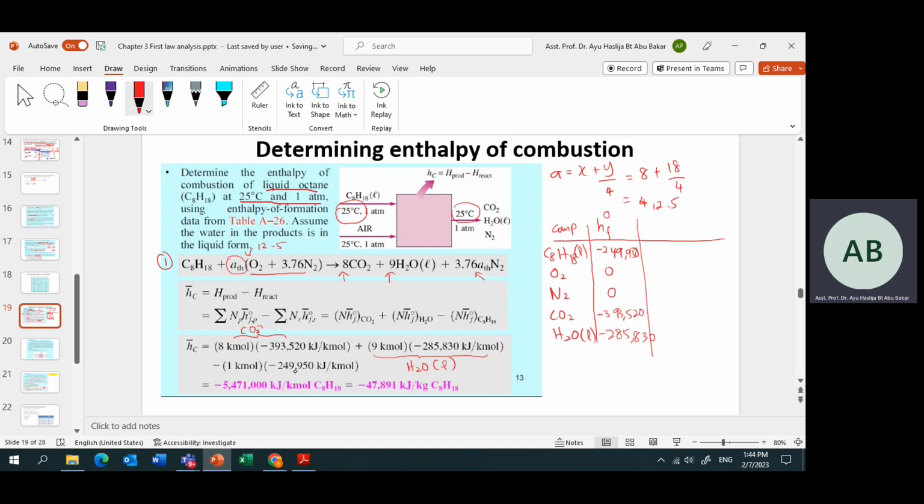This part is your fuel, octane, the reactant. So you should be getting around this figure.